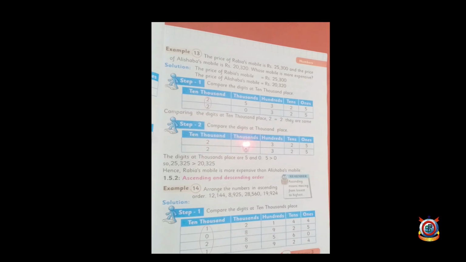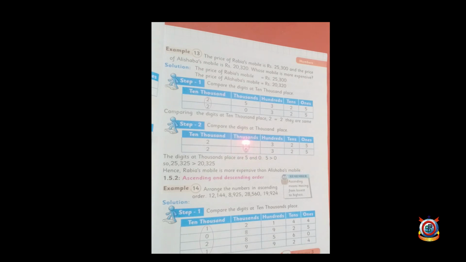We will compare the numbers in thousands place because we have same numbers in 10,000 place. Therefore, we are comparing it in thousands place. Look at in the first number in thousands place there are 5 thousands, and in second number in thousands place there are 0 thousands. There is no thousand, just 0.